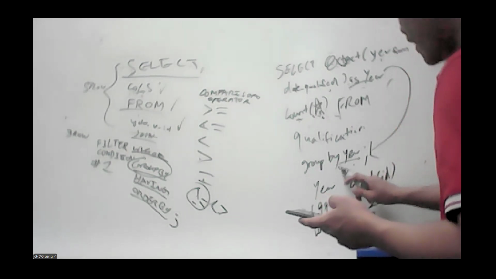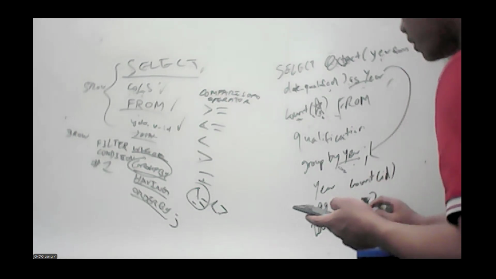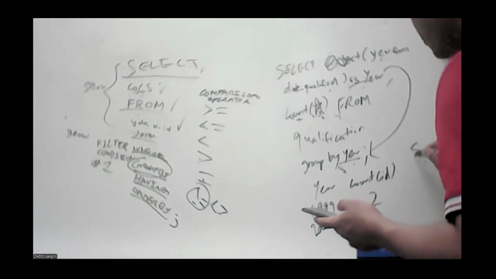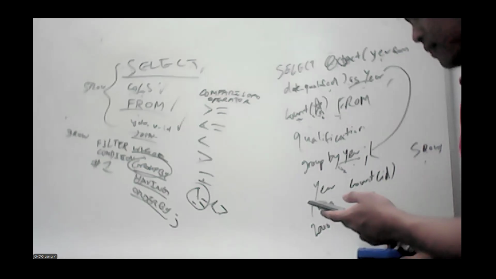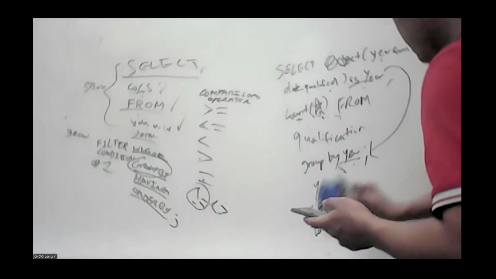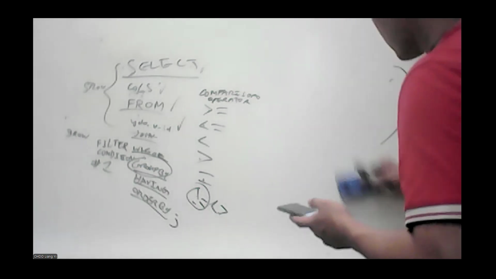But if you don't do group by, then it's a bit different. There will be a lot of rows, like there will be 5 rows of data instead. Okay, that's the first thing.